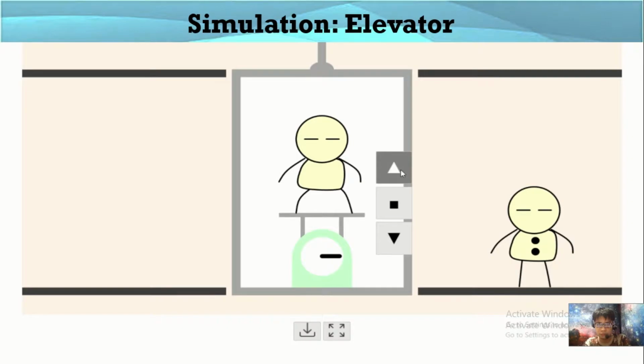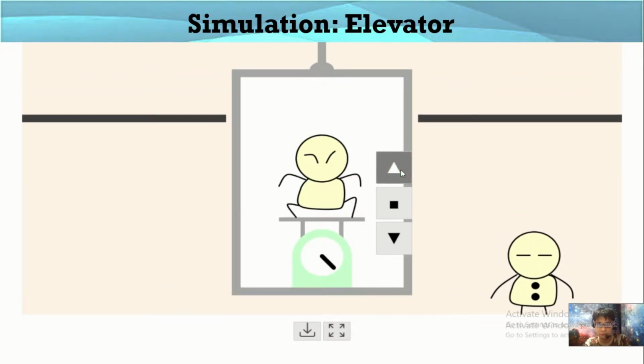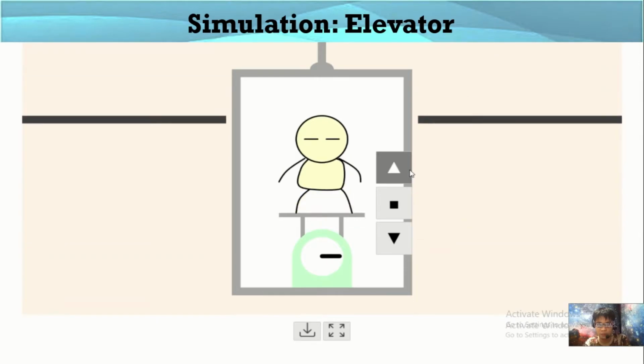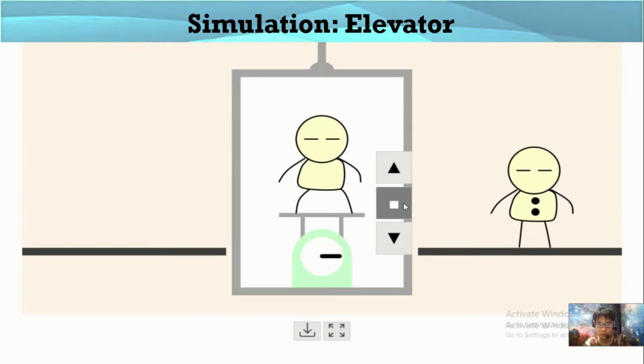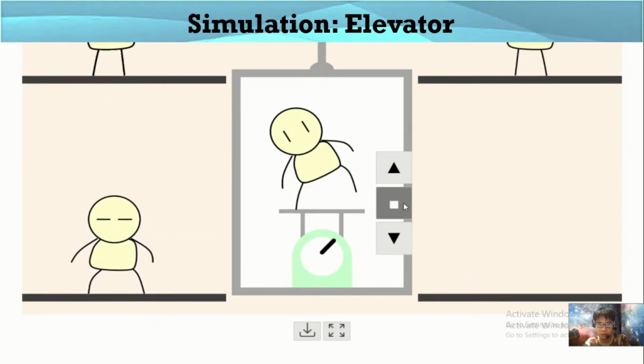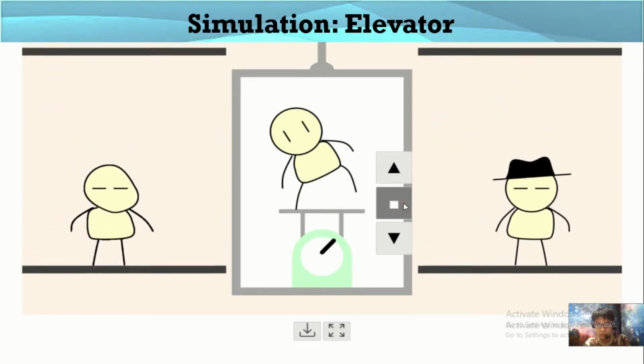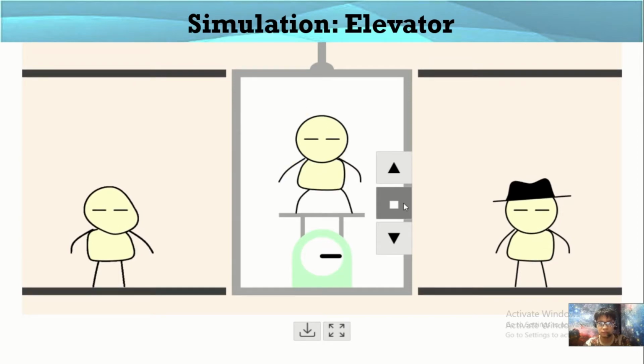And then, so as the elevator is moving up, and then suddenly it stops, what happens to the body? Okay, so the body inside the elevator becomes momentarily a bit in a state of imbalance. Why? Because of the law of inertia.